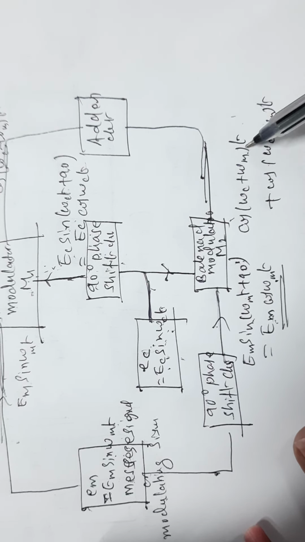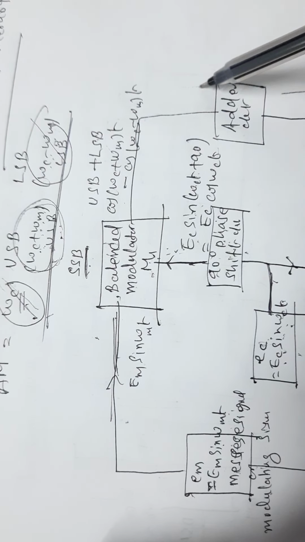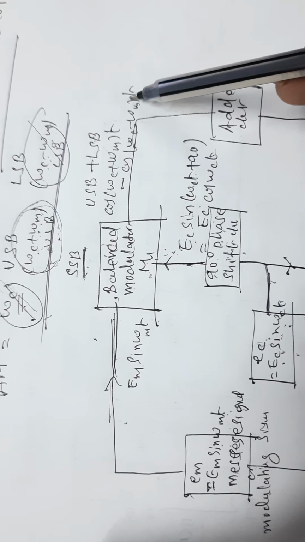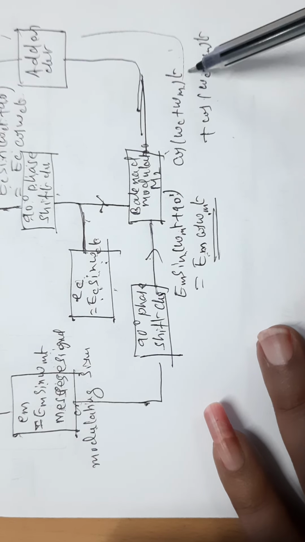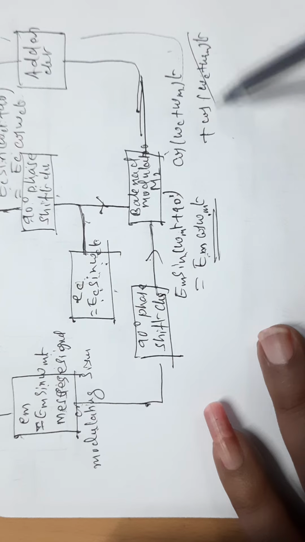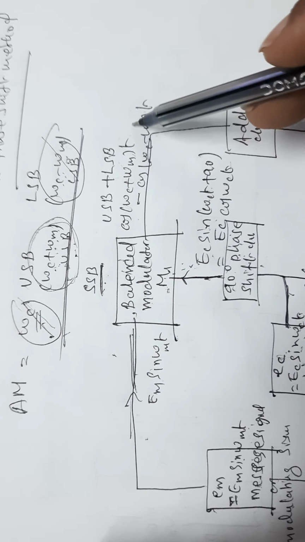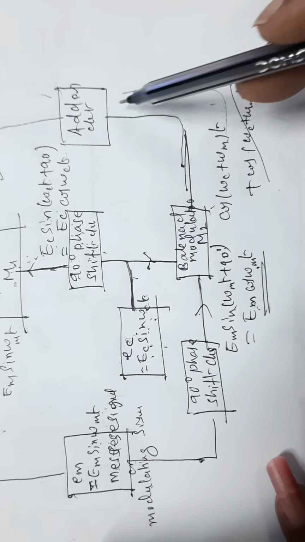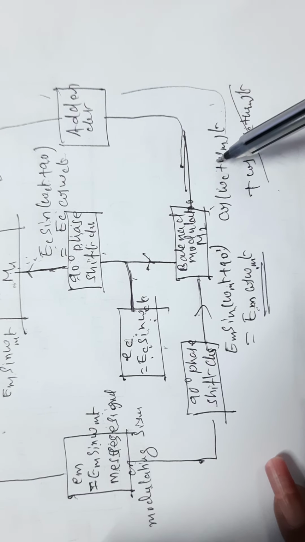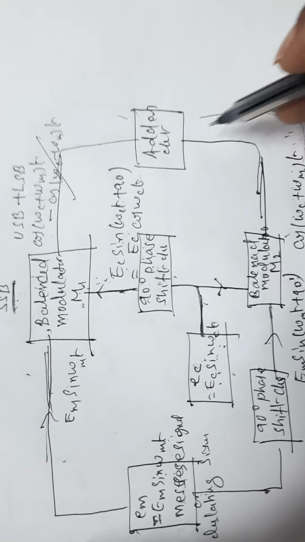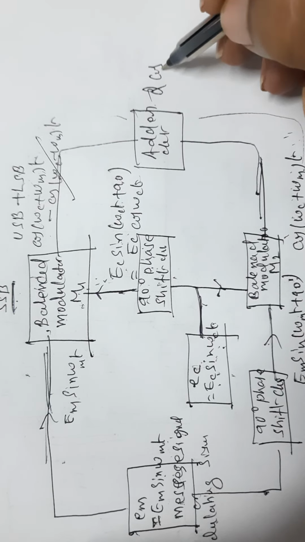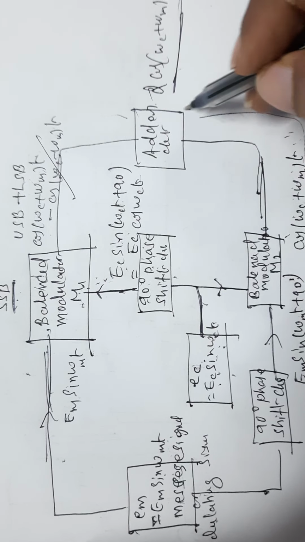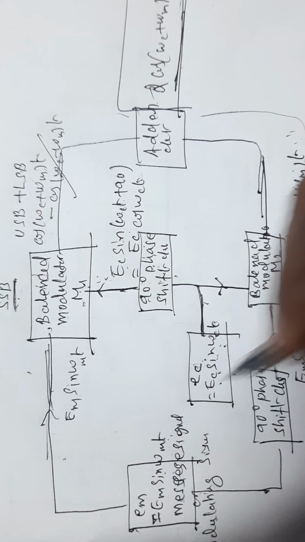These two signals are added. One has a minus cos of omega c minus omega m into t, the other has a plus cos of omega c minus omega m into t. Therefore, the plus and minus terms get cancelled. Cos of omega c plus omega m into t appears in both. Therefore, the output of this is 2 times cos of omega c plus omega m into t. This is the output of the circuit.